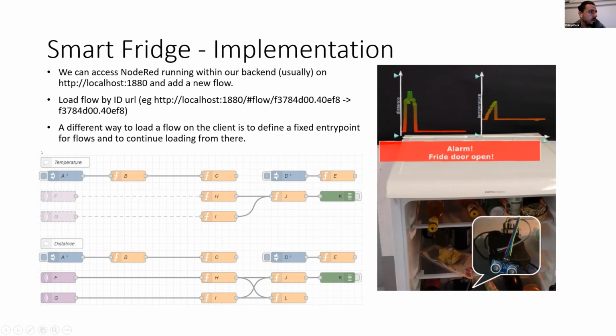This top part creates the right temperature scale, and this lower part, the flows look very similar, creates the left part for the distance. And here you can see on the bottom right how the sensor is put into the fridge. This is a very simple test for that.